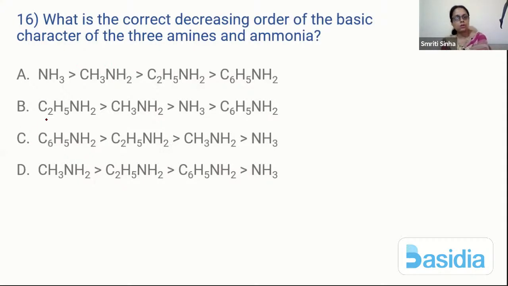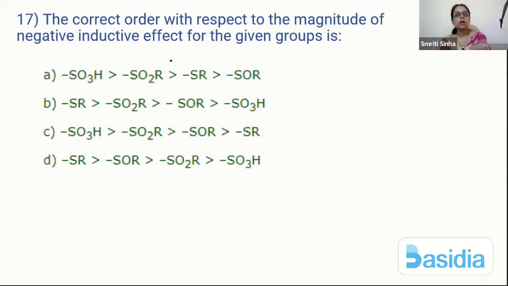Earlier also we have seen in the question, ethylamine is more basic, then methylamine, then ammonia, and in aniline the problem is the resonance. In aniline the lone pair is busy in resonance, therefore it is least basic, and therefore the answer is option B.